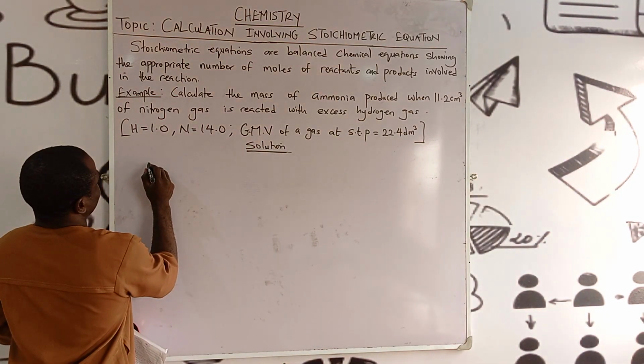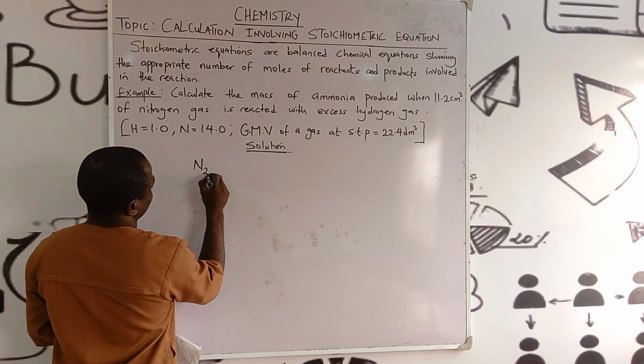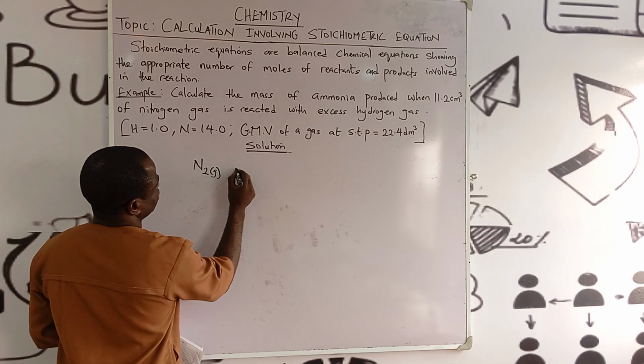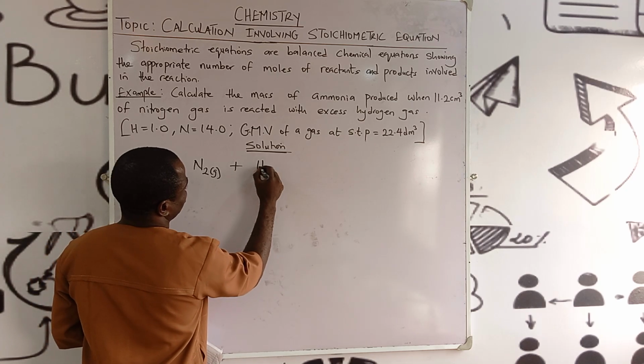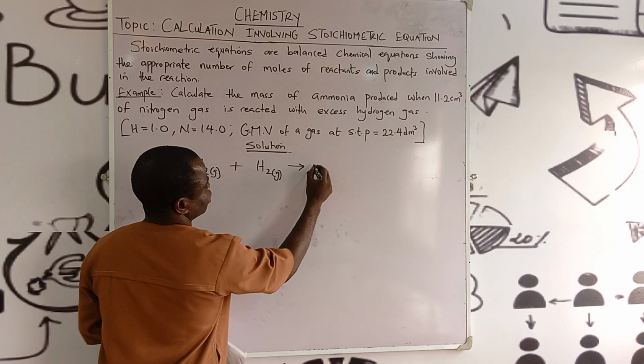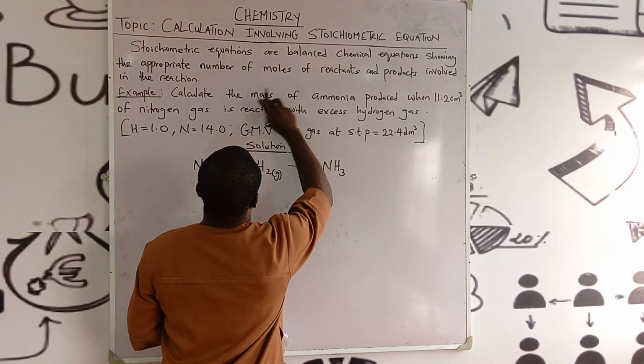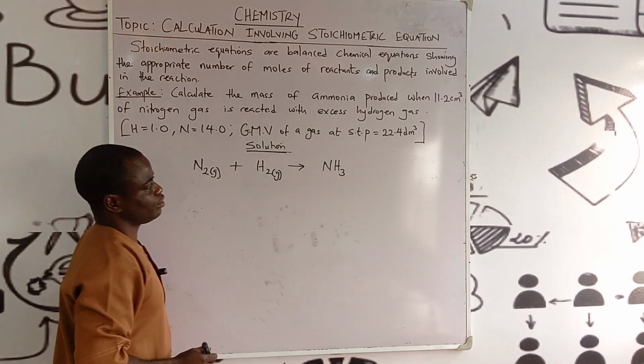Now you have nitrogen gas plus hydrogen gas to give us ammonia.